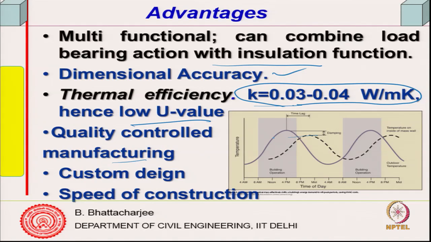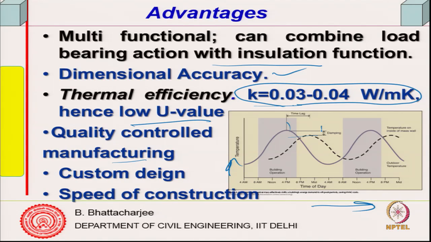So, this is what we call amplitude decrement or damping. You can get a decrement in the amplitude of the temperature wave, because this is time of the day, this is temperature. So, inside temperature, outside temperature, there will be a time phase lag and there will be an amplitude decrement as well.